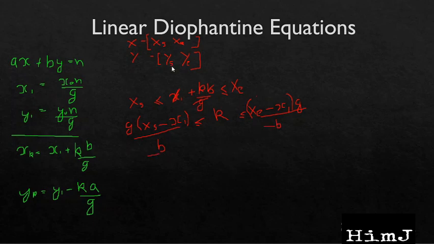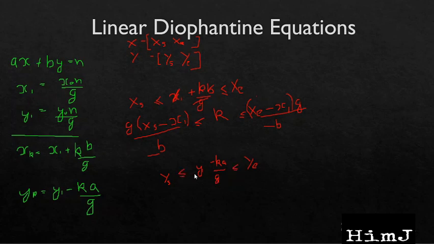Similarly, we can calculate the value range of k for y. So we want y to be greater than y start and should be less than y end. Again we have y1 minus k times a by g.